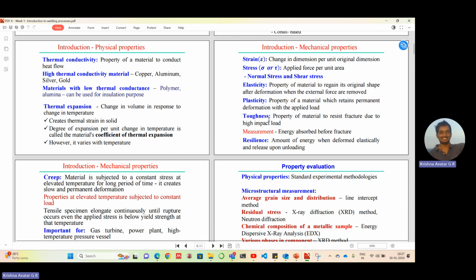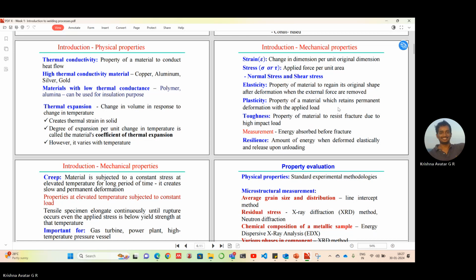As we are very well aware, a solid tends to have the property of elasticity. In some materials it will be very high, and in others it won't be as much; those materials we call extremely brittle. Elasticity is simply the property of a material which brings it back to its original shape once we remove the force applied to it.